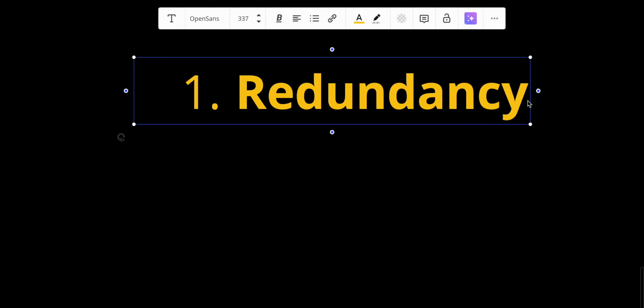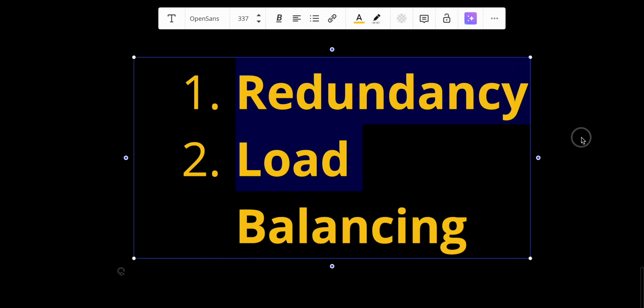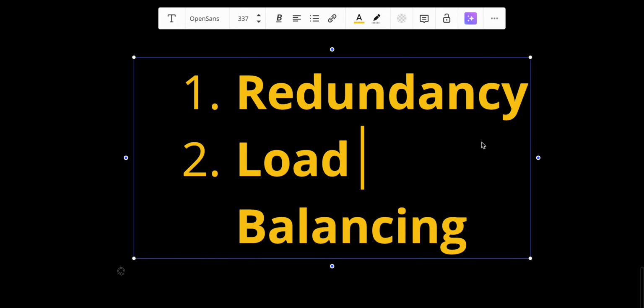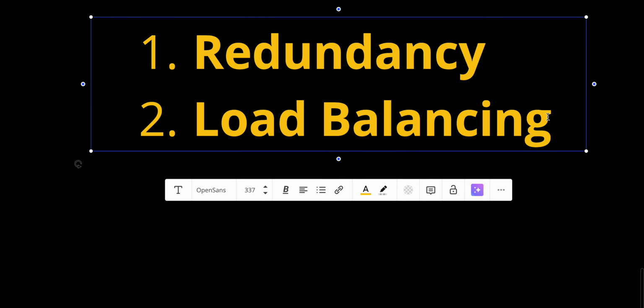Number two, load balancing. Instead of using one server, we use multiple servers, and we use a load balancer to distribute workloads across multiple resources, so no resource will be a bottleneck.